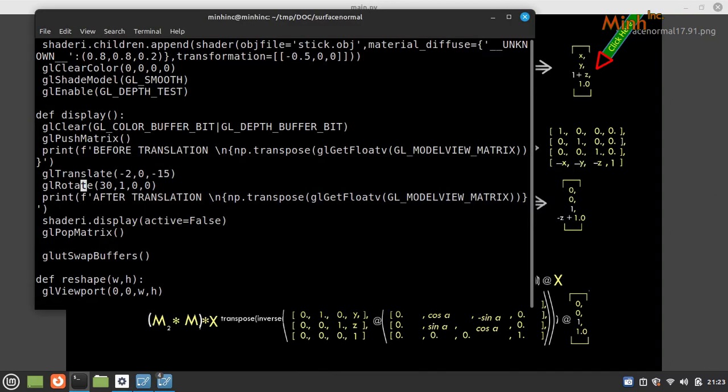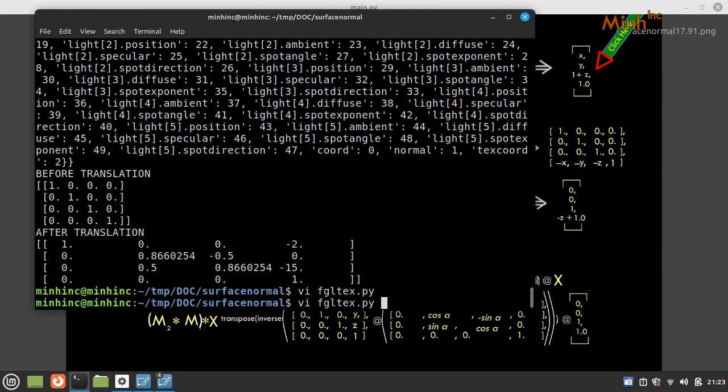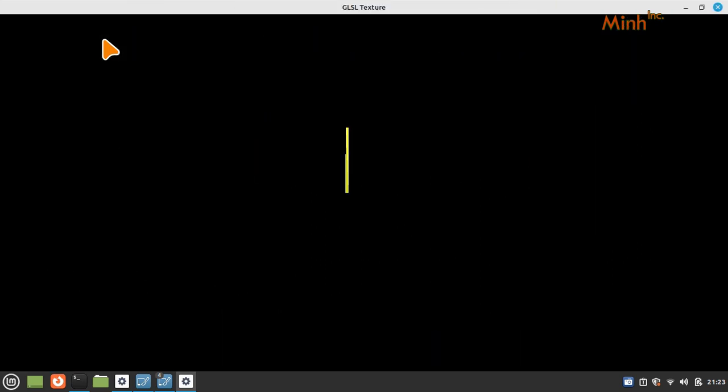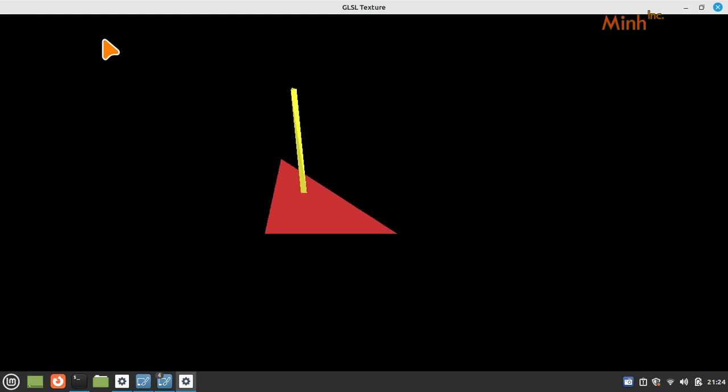So, if I comment this, and I execute this code, normal is changing. If I do translation, normal is not changing. Can we see? It is same. If I scale it, it is not changing. Normal direction is same.